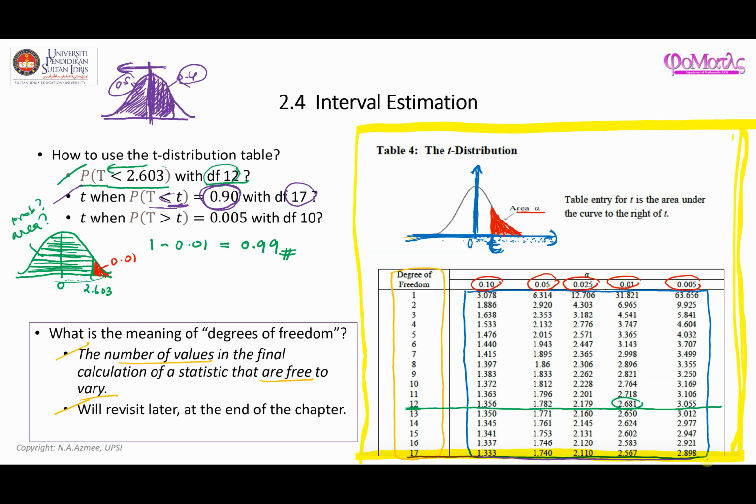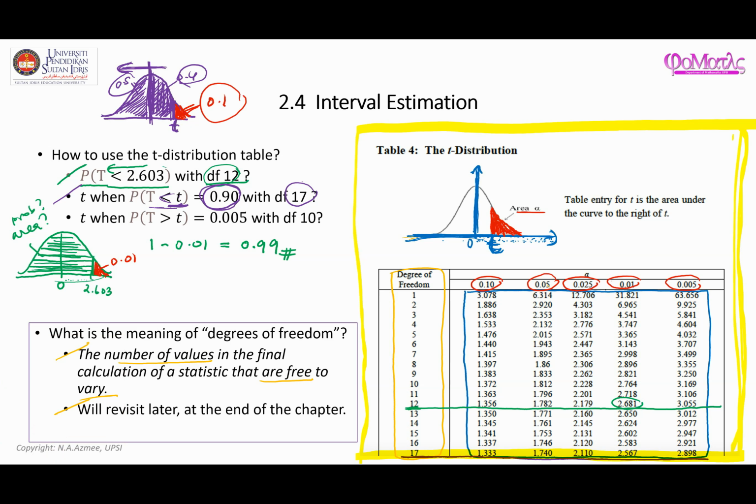And the problem is for this 17, we need to find what is this t value at this point. So what is t here? Now we cannot directly get the answer from the table because we need to find this area, so that it matches the area given on the table here. So if this is 0.9, we know that this area here is going to be equal to 0.1 because total area is 1.